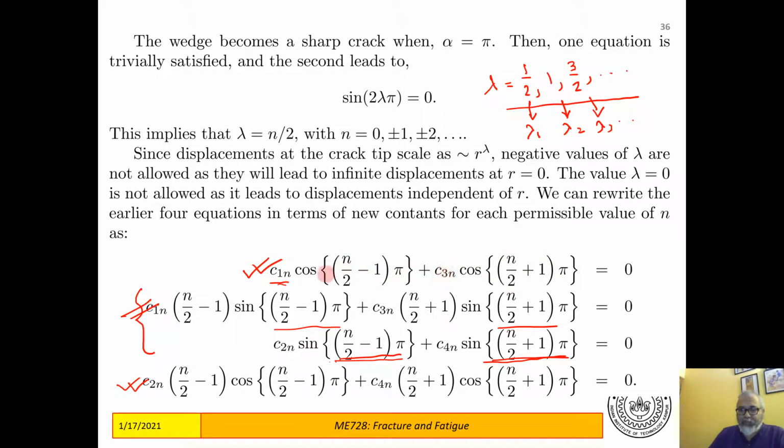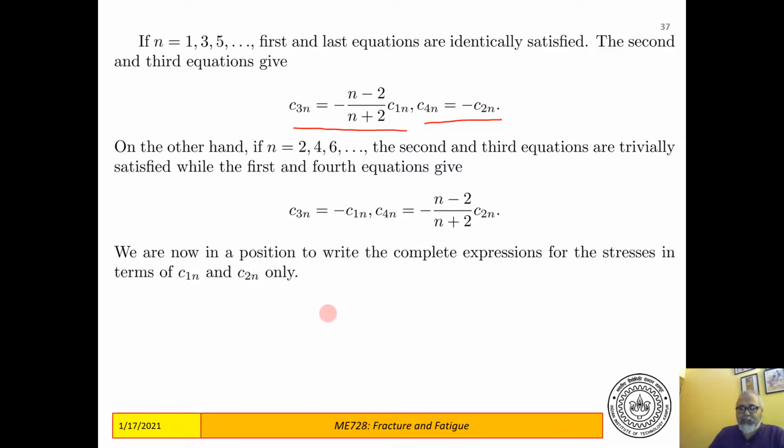And between c2n and c4n you would get a relationship from here. This would be 1 and this would be 1. And for even values of n, this will be the connection between the four constants. Only again two of them are independent, the others are expressed in terms of these two.